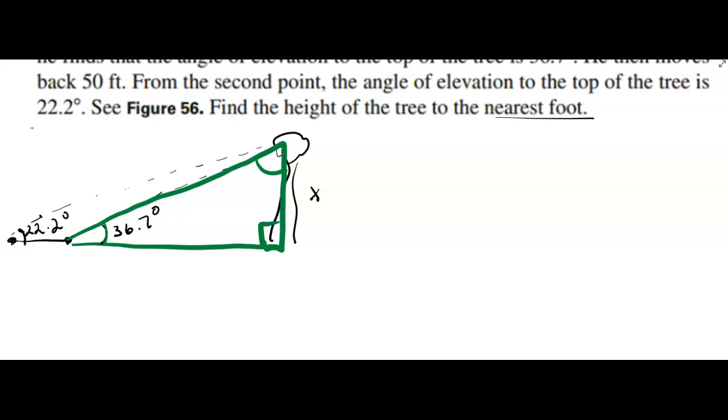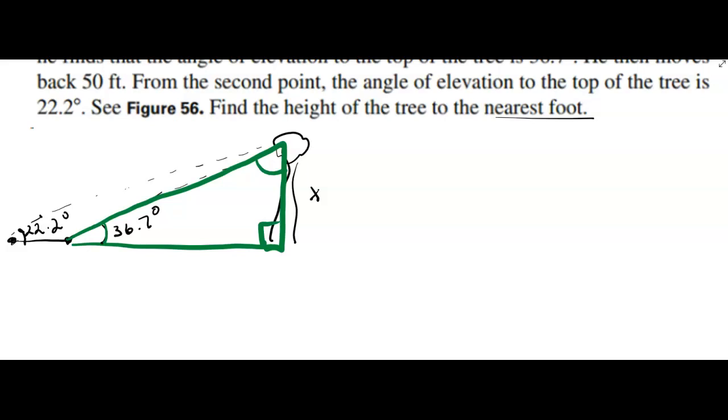But I don't know any sides, right? So maybe that's not super helpful right now. I can represent this side right here though. So if I wanted to do it in terms of tangent, and I think I do want to do it in terms of tangent.